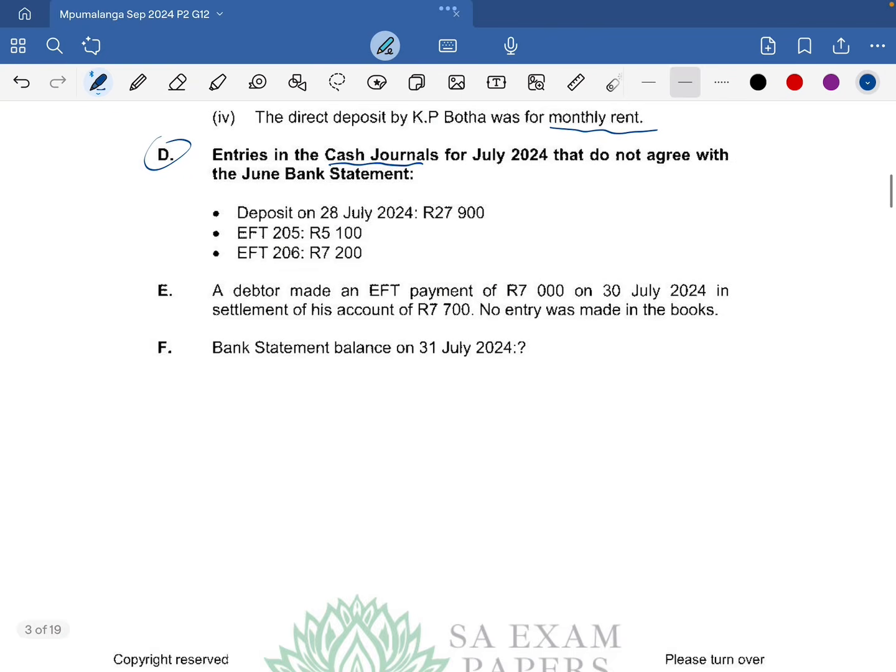Then information E says a debtor made an EFT payment of 7,000 on the 30th of July 2024 in settlement of his account of 7,700. Now no entry was made in the books. Now can you see that the information is a bit scrambled?